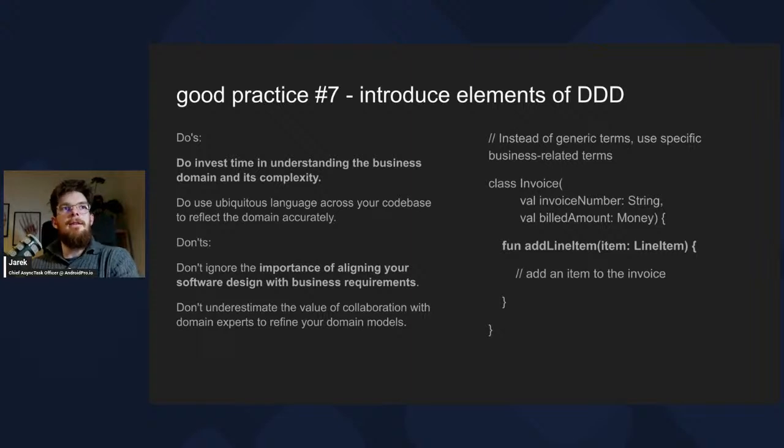You maybe heard some things about DDD, domain-driven design. It's a high-level framework for thinking about application in terms of business rules and domain logic. And we can introduce some elements of this high-level DDD framework to our application level design.